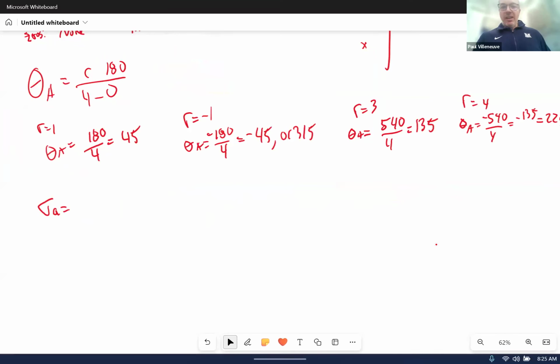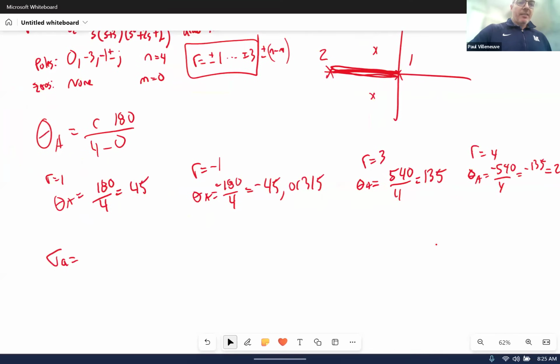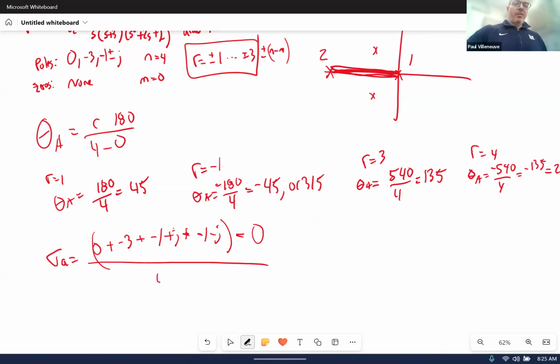So I'm going to sum those, and I have 0 plus minus 3 plus minus 1 plus j plus minus 1 minus j. That's the sum of the poles. What is the sum of the zeros equal to? 0, there are none. So that has to be equal to 0. And then I divide that by n minus m, which is equal to 4.